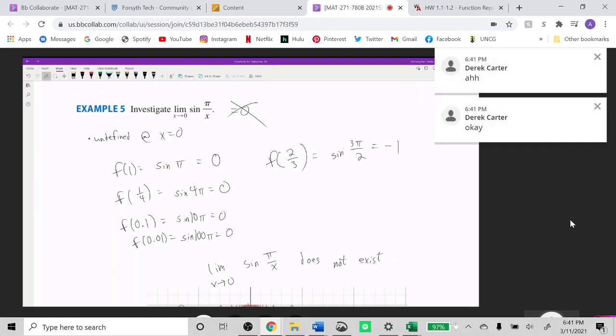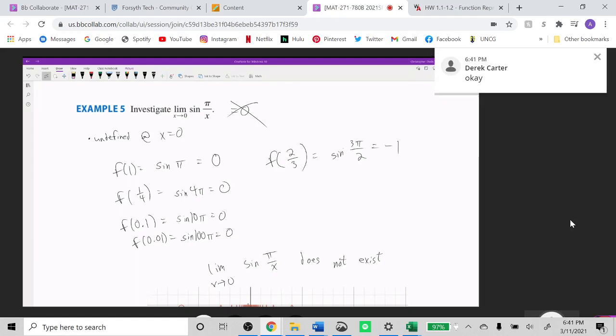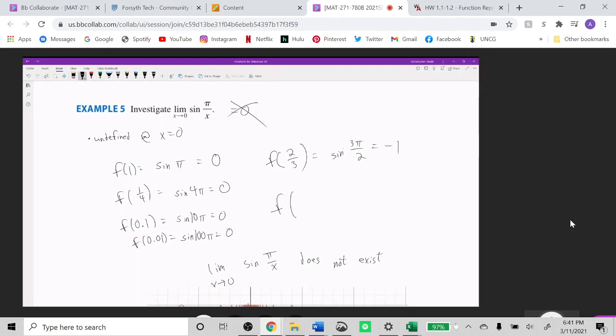Similarly, the function values are equal to 1 if you plug in something like 2 over 101. This ends up giving us +1. Things like that.